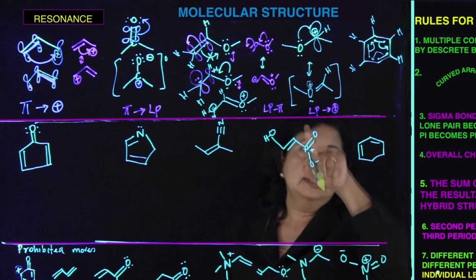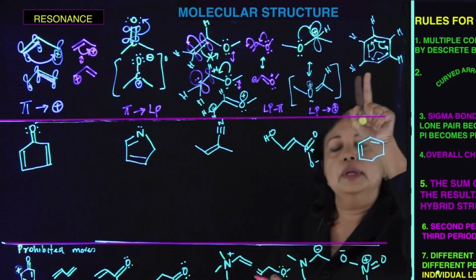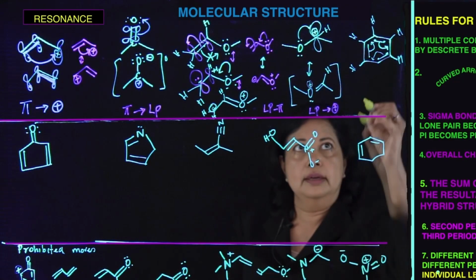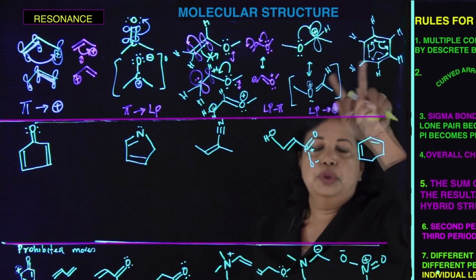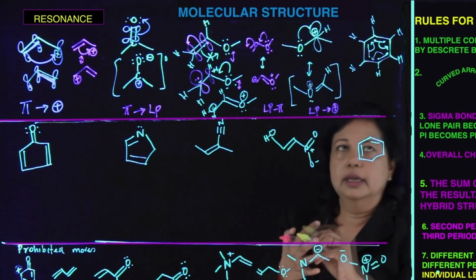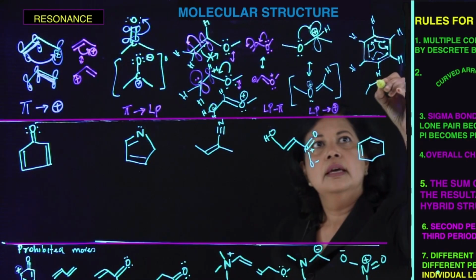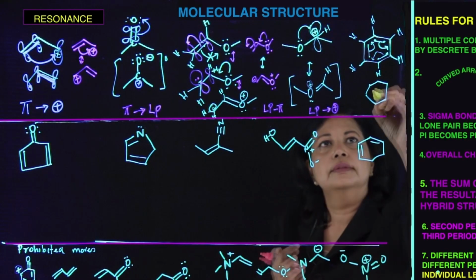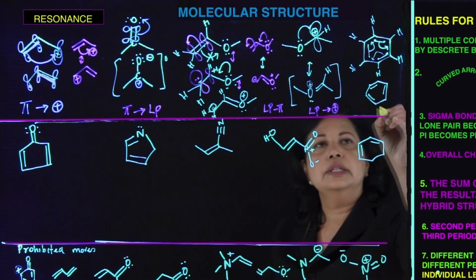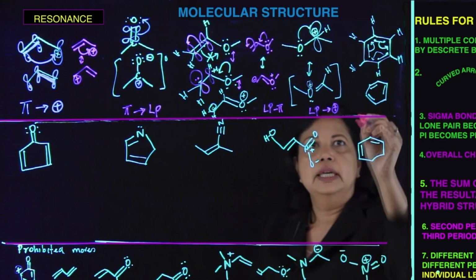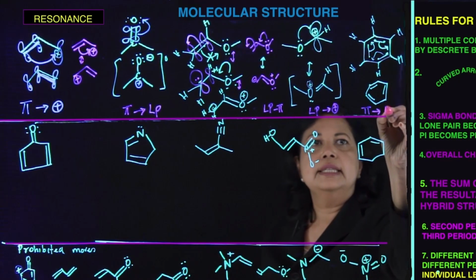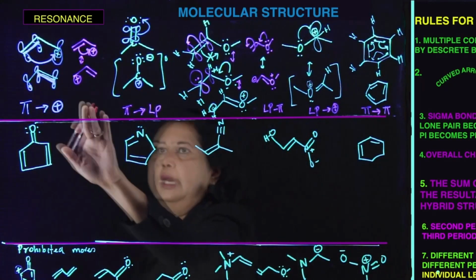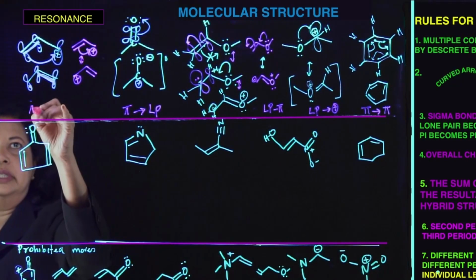Your p orbitals, so it looks like a sea of orbitals, 6 of them around that molecule, and so the electrons are just going around in circles. So here you're going to have this, just rearrange. So this is pi to pi. So these are typically the cases that you're going to see in any of the resonance.